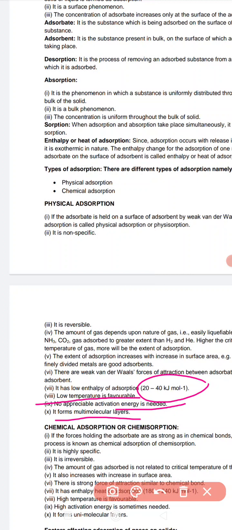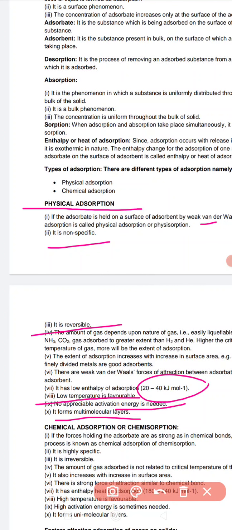Before I move to the next point, let me summarize the basic points for physical adsorption. The adsorbate is held on the surface of the adsorbent by weak van der Waals forces. That is the important factor. Next, it is non-specific and reversible. The amount of gas adsorbed depends upon the nature of the gas, which is easily liquefiable.